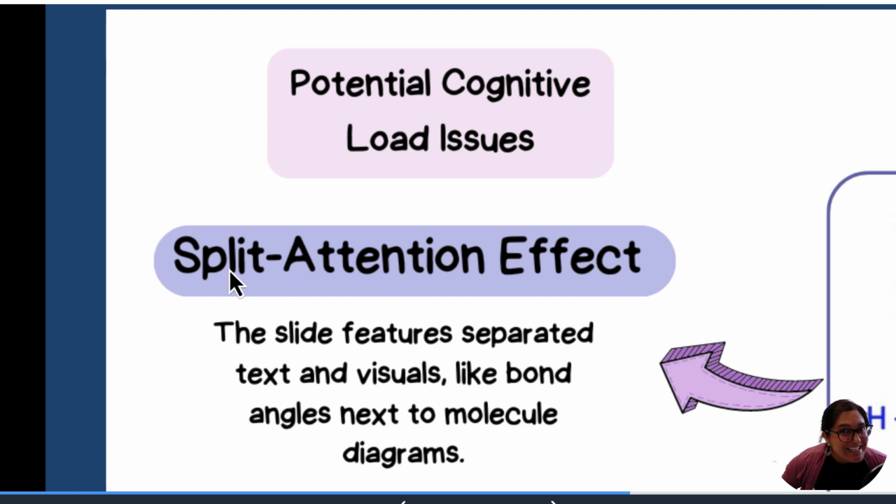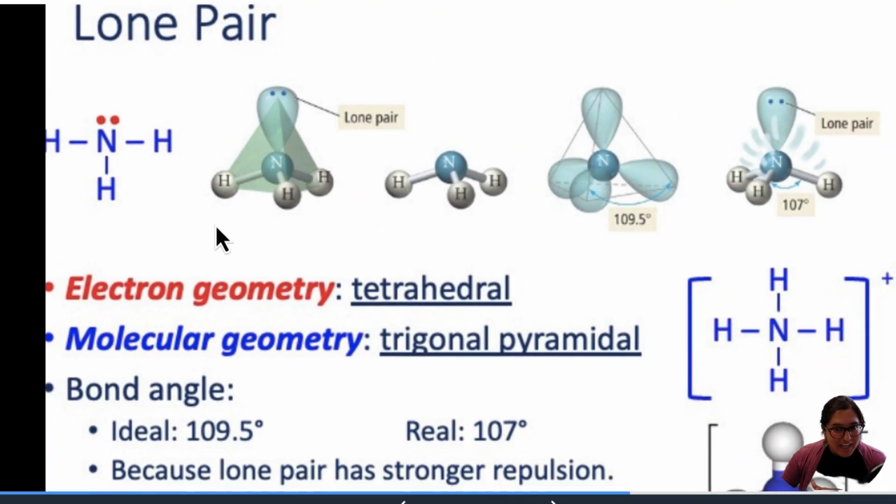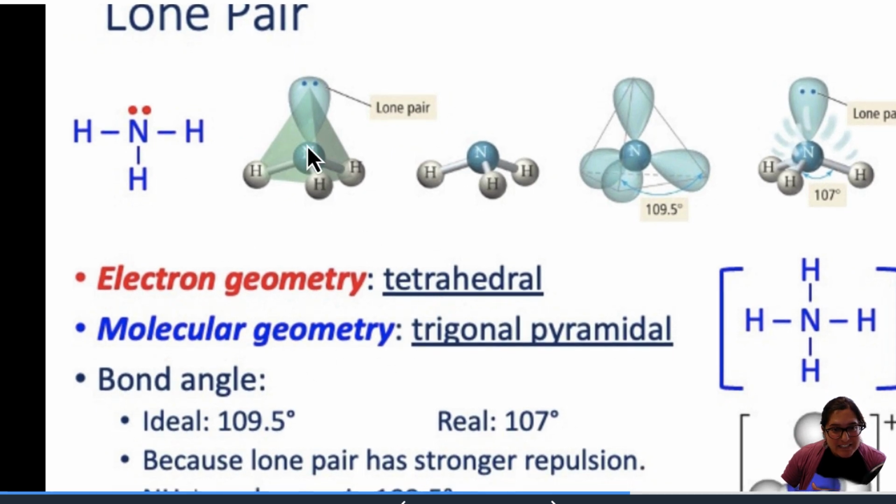There is something that is happening a lot, and it is that there is a split attention effect. So while we do have relevant text and relevant images, we have them separated. In some of them it's okay, but having all of the text separated from every single one of these images, we have 1, 2, 3, 4, 5, 6, and 7, we're asking the students to match: what does this text connect with, right?